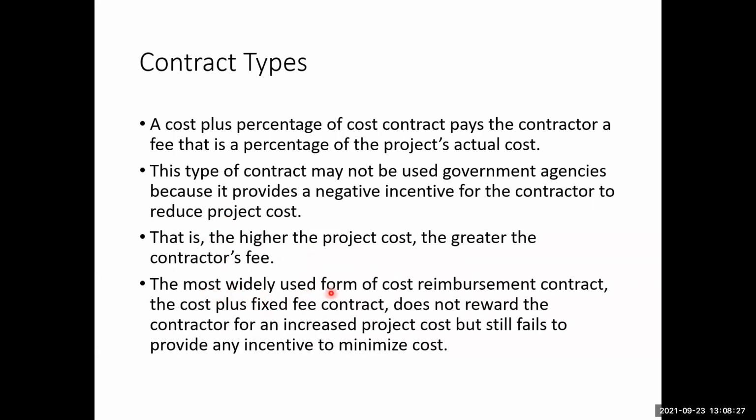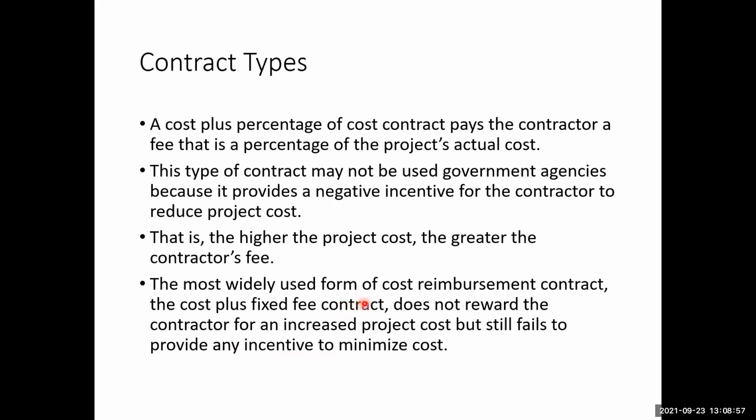The most widely used form of cost reimbursement contract, the cost plus fixed fee contract, does not reward the contractor for an increased project cost, but still fails to provide any incentive to minimize the cost. So in the second type, the cost plus fixed fee, the contractor will not get a higher fee for increasing the cost, but is also not asked to decrease the cost.